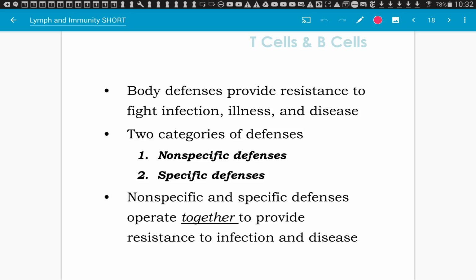Okay? So there are 2 categories. Definitely need to know your 2 categories. You have non-specific defenses and then specific defenses. So we'll talk about each of those briefly in a moment. Ideally, the non-specific and the specific defenses should work together to help protect your body from infection and disease.